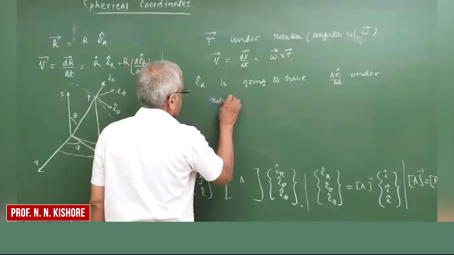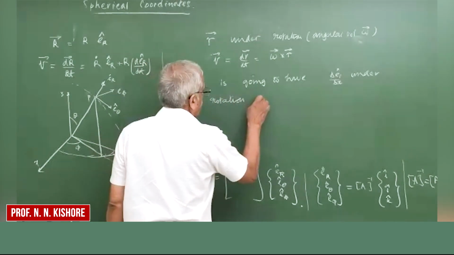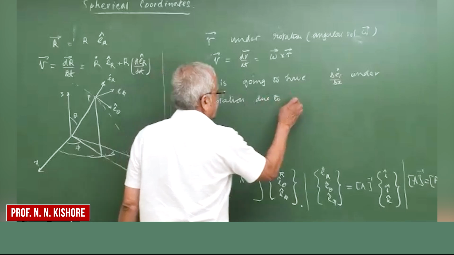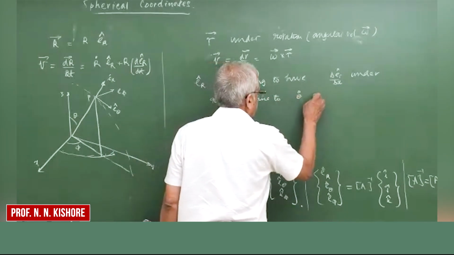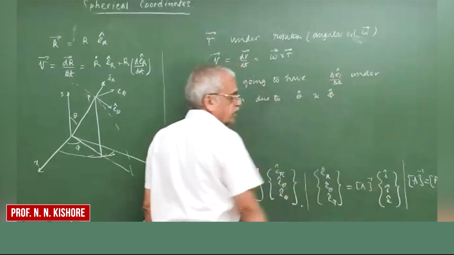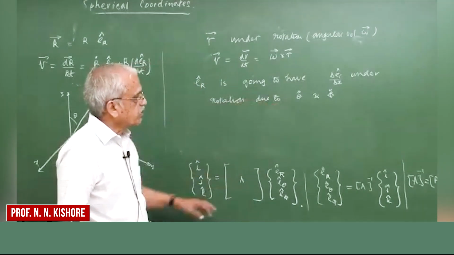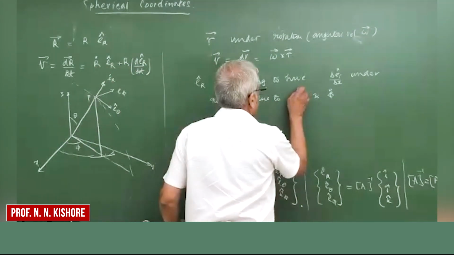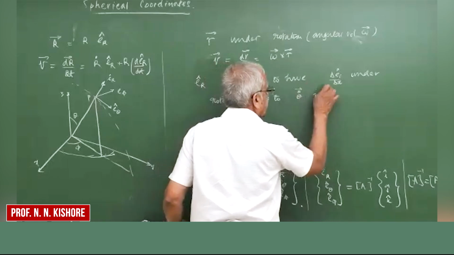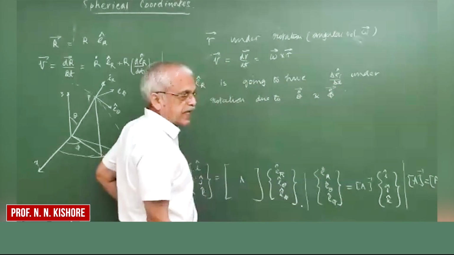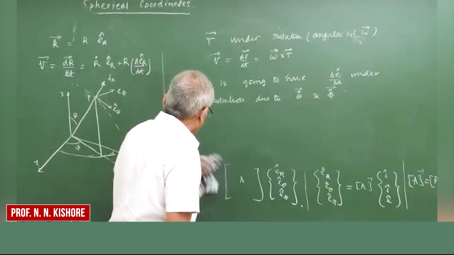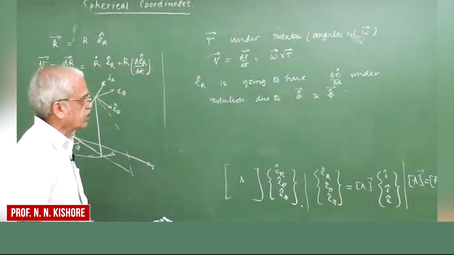So the rotations are due to theta dot and phi dot, right? So these theta dot and phi dot are obviously the magnitudes, but they also will have the direction. So let's see what this theta dot and phi dot are.